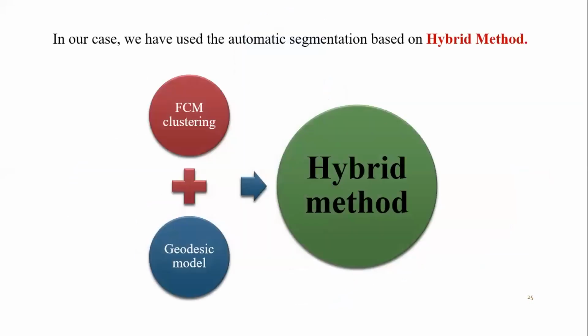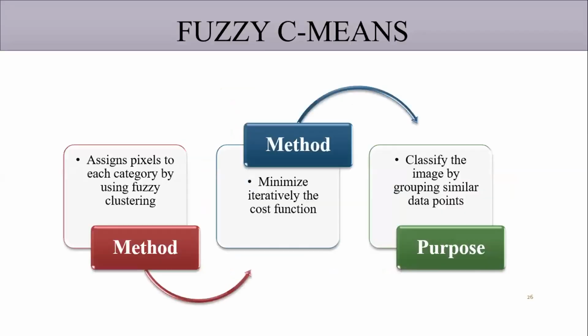In our case, we have used the automatic segmentation based on a hybrid method, which combines FCM clustering with the geodesic model that constitute the hybrid methods. The method of fuzzy clustering requires assigning each pixel to a category by using fuzzy clustering and minimizing iteratively the proposed function, which has the purpose to classify the image by grouping similar data.